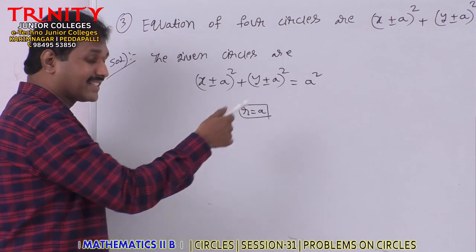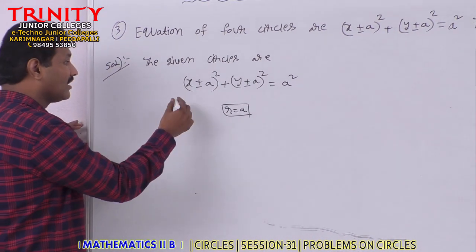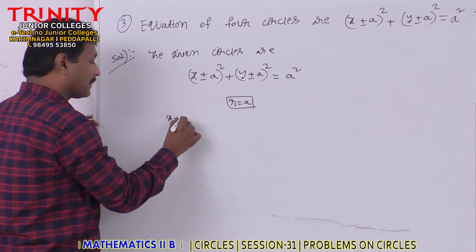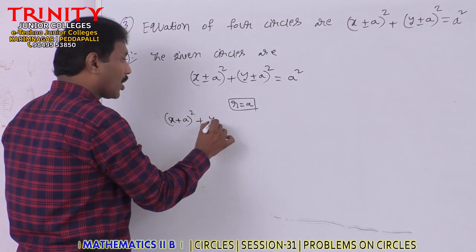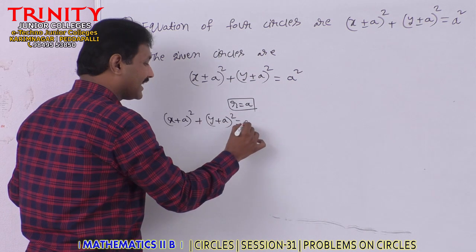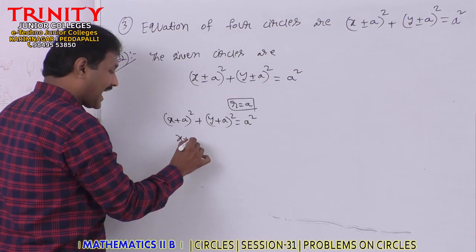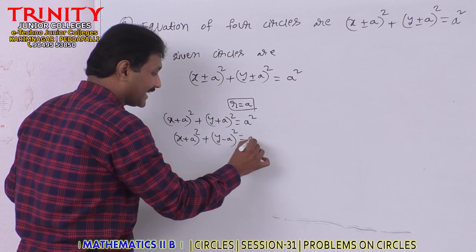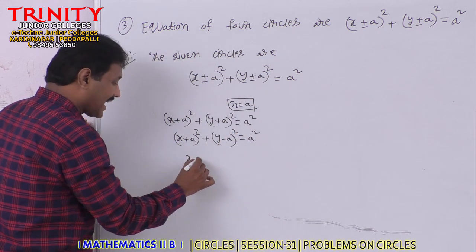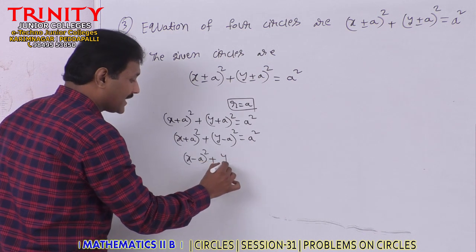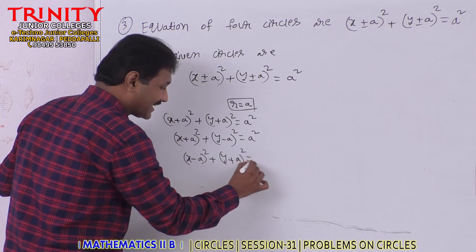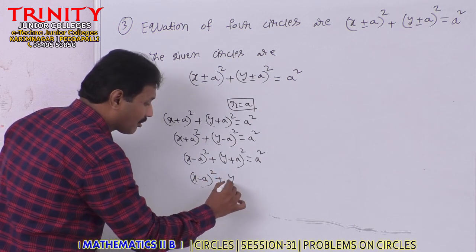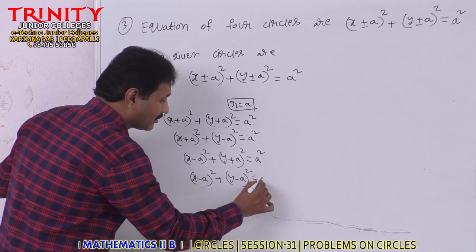The circles are: (x plus a)^2 plus (y plus a)^2 equals a^2; next, (x plus a)^2 plus (y minus a)^2 equals a^2; next, (x minus a)^2 plus (y plus a)^2 equals a^2; and (x minus a)^2 plus (y minus a)^2 equals a^2.